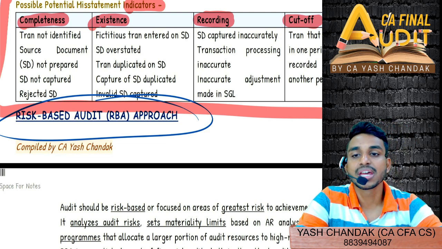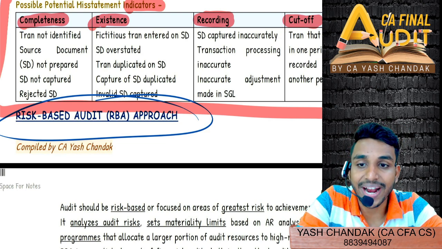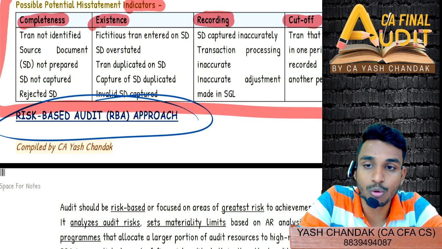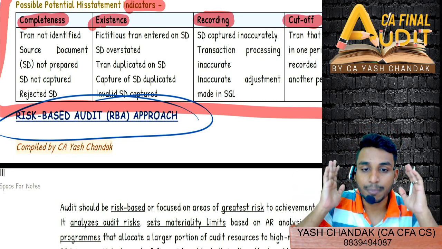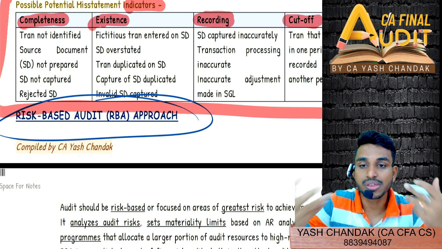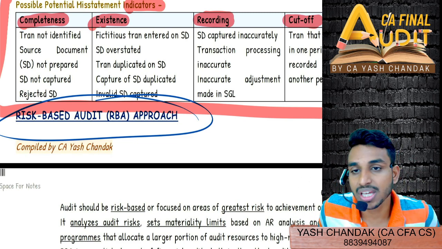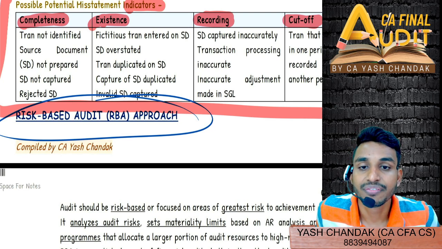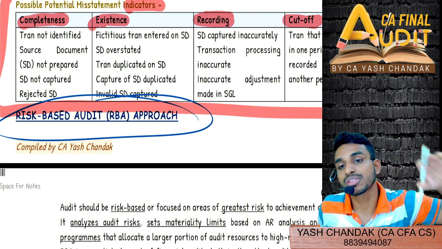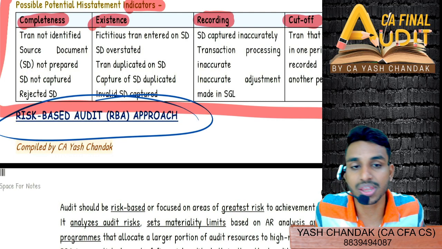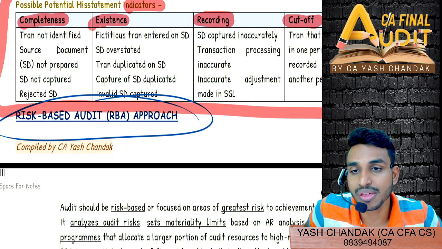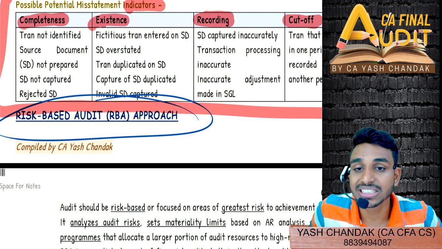We assess the risk, and wherever we find the risk is more, we apply more resources, more time, and significant timing and nature of procedures in those areas particularly. We try to come out with those points which relate to the higher assessed risk. So we give attention to the higher assessed risk rather than low risk. That is what risk-based audit is.